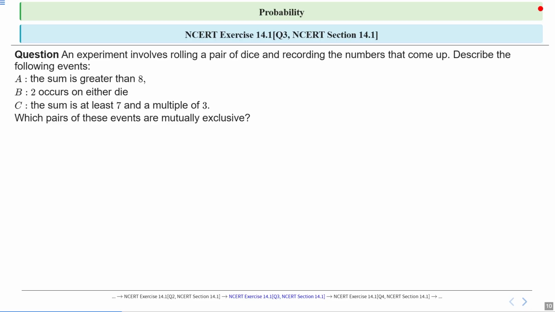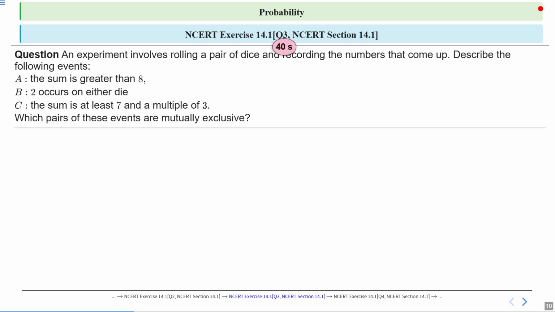By checking the intersection of A and B, A and C, and B and C, we have to find which pairs of these events are mutually exclusive. Okay, students, first of all, try it yourself.